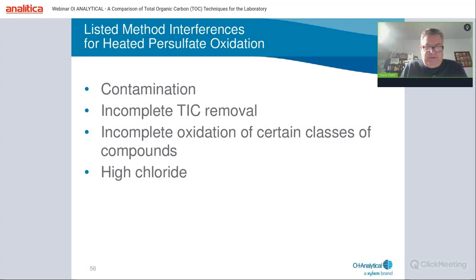Operating parameters should be set for optimization of TIC removal. Other parameters can be adjusted to optimize oxidation of difficult to oxidize compounds and salt matrices, where I had mentioned you can potentially add more persulfate and increase the reaction time in cases of those samples.